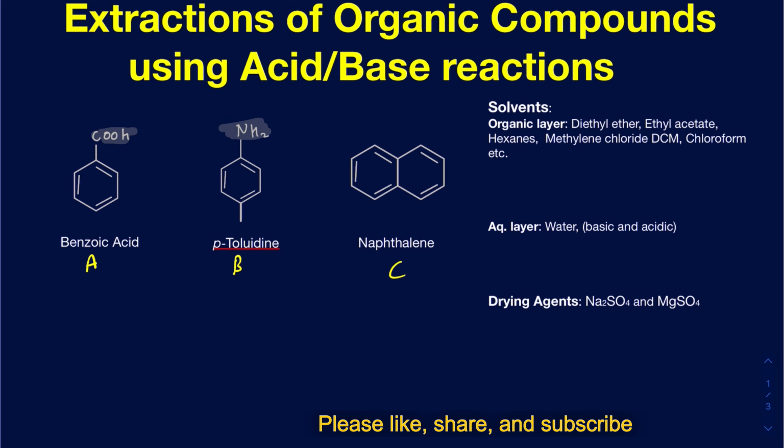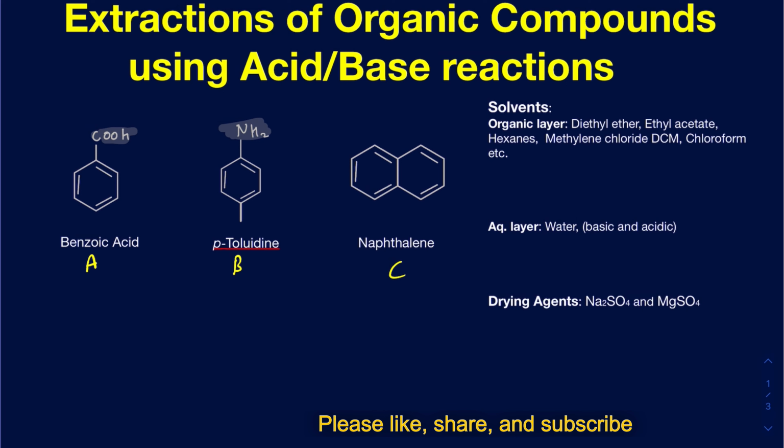In terms of pKa's, the benzoic acid pKa is about 4.2. Toluidine's NH2, since it's an amine, is going to be a little bit over 35, and we don't really have any pKa for the naphthalene, or if we do, it's going to be very high. So we're just going to take that as a very neutral compound.